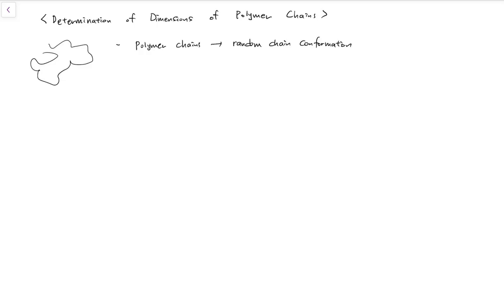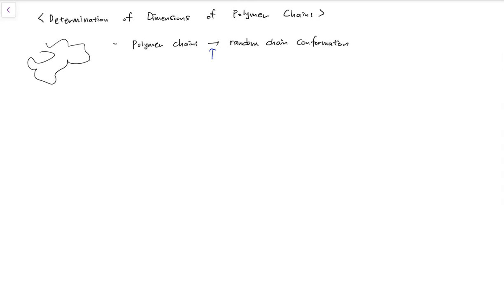Okay, so basically they show random distribution of relatively low energy conformations such as trans and Gaussian states.